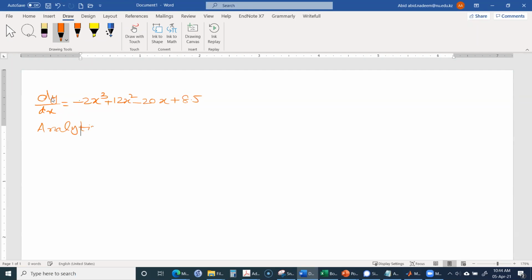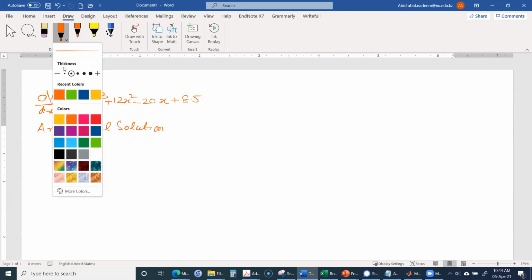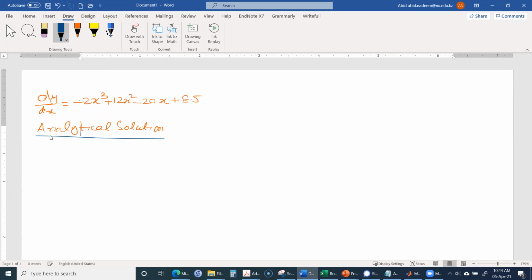So for this analytical solution, we will integrate it.